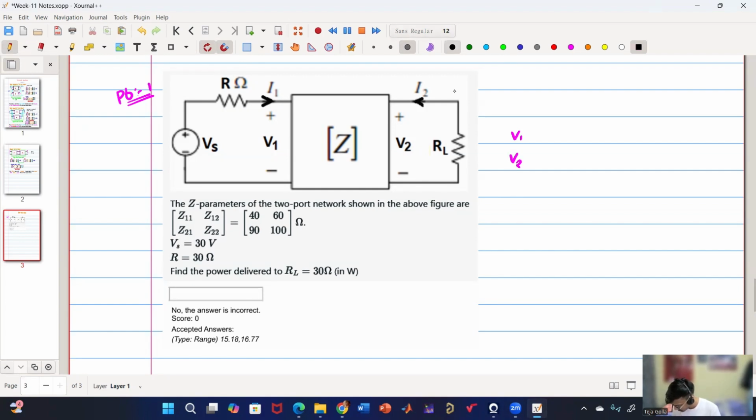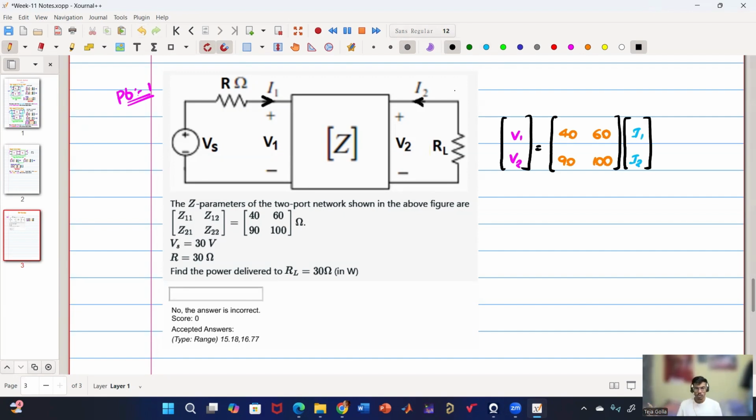V1, V2 is nothing but the Z parameter matrix, which is 40, 60, 90, and 100, into I1 and I2. Okay. So now how to proceed further?